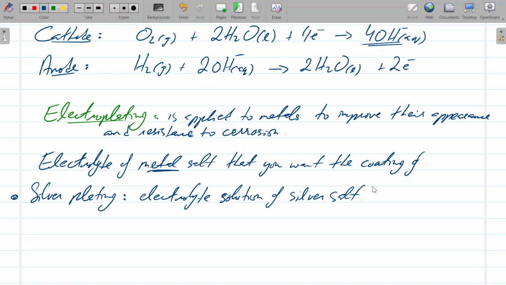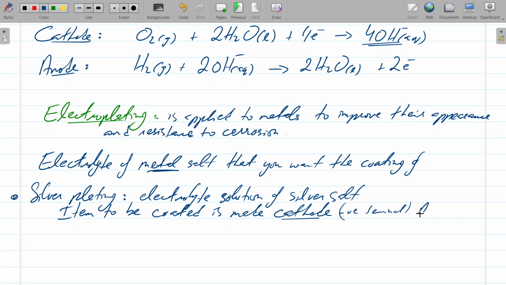And then the item that you want coated, the item to be plated, is made the cathode. This makes sense. Why do you want it to be the cathode? Because the cathode is the negative terminal. It will attract the silver ions, and so that will end up coating the item.